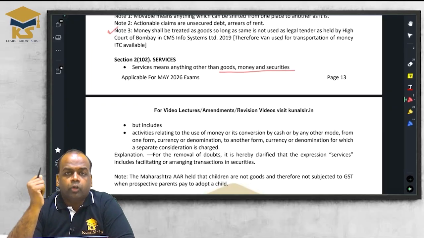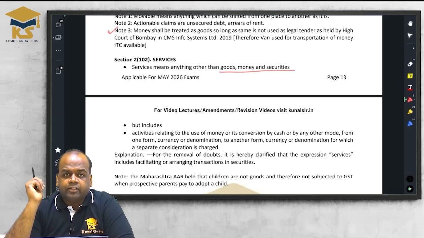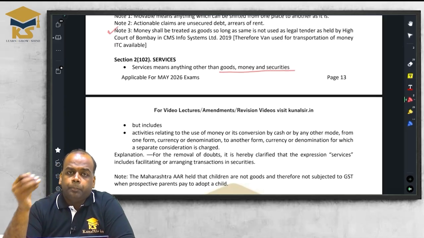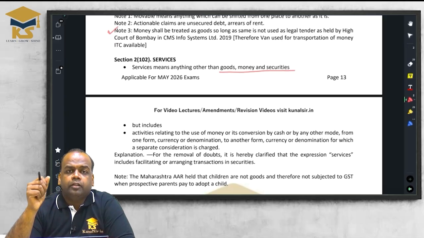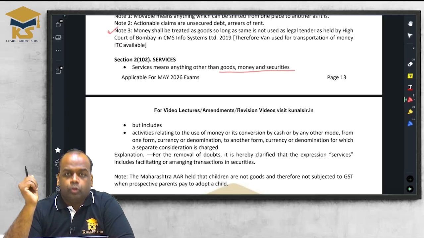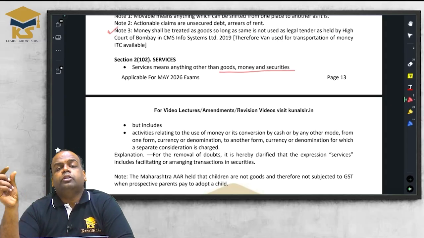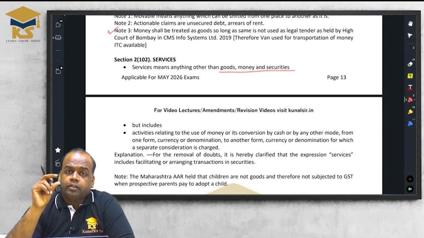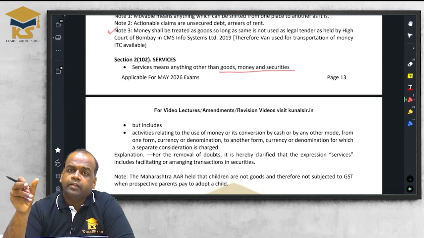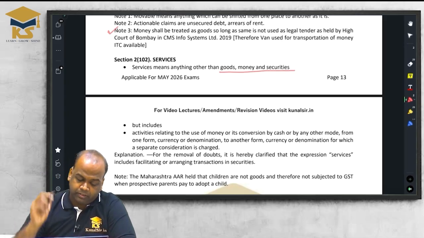Indian currency will not work in the US. So you go to a bank or money exchanger and you pay a certain commission to that bank to convert your Indian rupees into US dollars. That commission is not money. It is their charge to convert the form of money from one currency to another. Now, that is included in the definition of services. Clear?